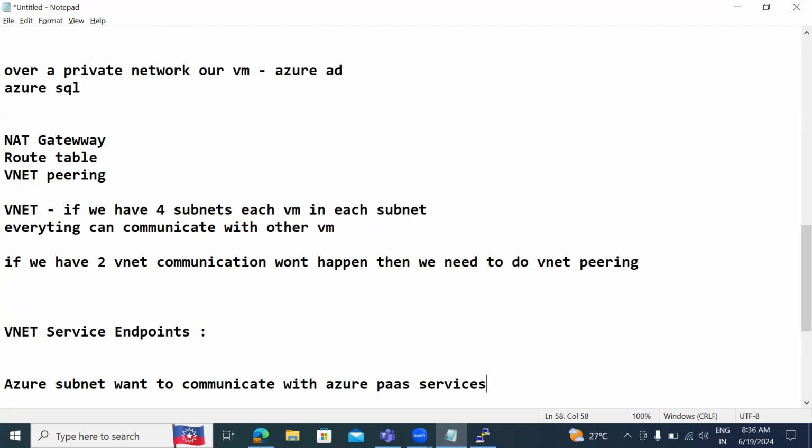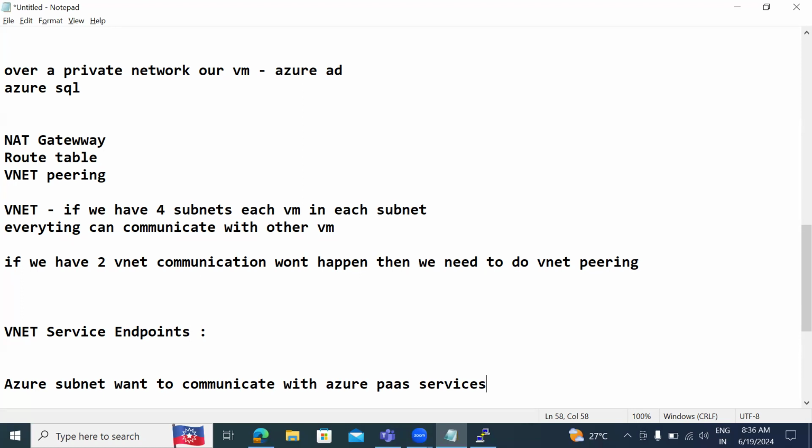Can you tell me some of the PaaS services? Not VM-based, some Azure PaaS-based services: Azure Cosmos DB, Azure SQL. So for that purpose, we are going to use VNet service endpoints: Azure Active Directory, Azure Storage Account, Azure Key Vault.